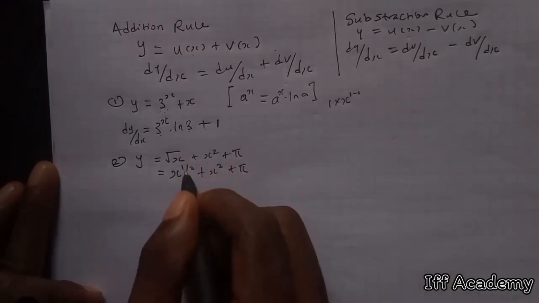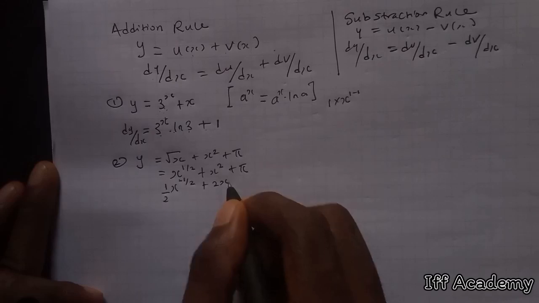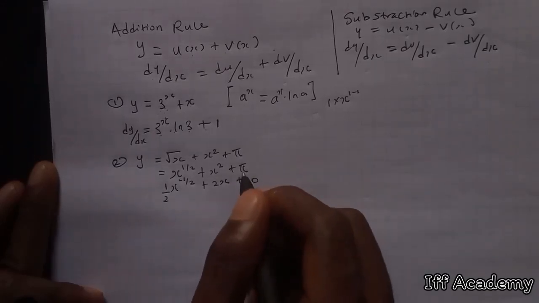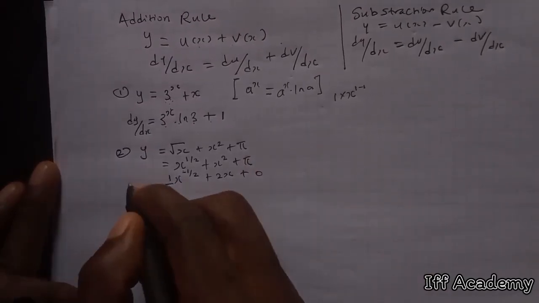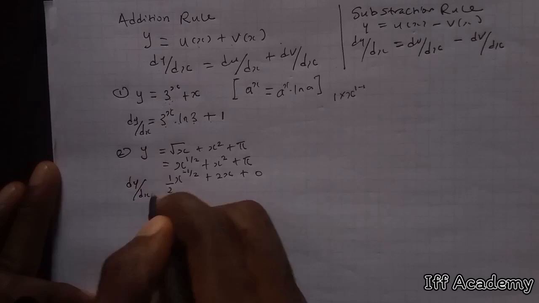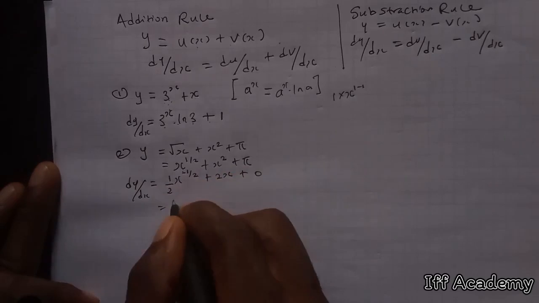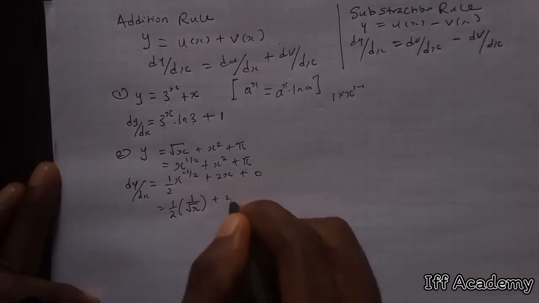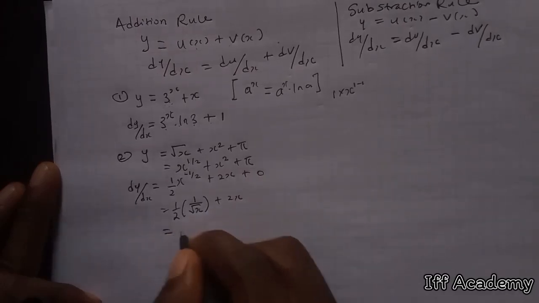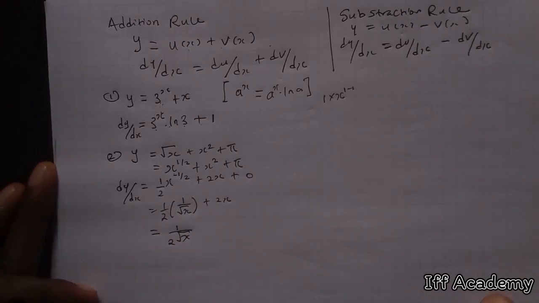Right, so this is going to be half x raised to power minus 1 over 2 plus 2x plus 0, because pi is a constant and the derivative of a constant is 0. So from here, your dy over dx is this. So you can simplify this further by saying this is 1 over 2 into 1 over root x plus 2x. So you have 1 over 2 root x plus 2x.